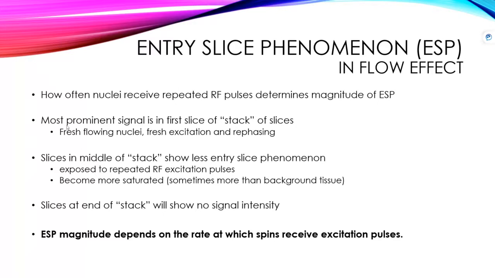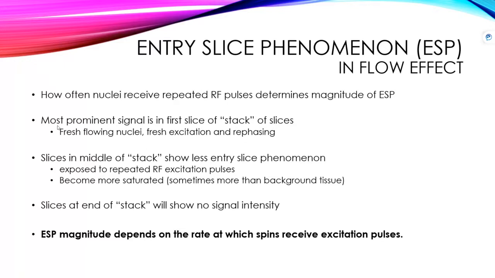So when you're first imaging a slice, if the spins are barely coming into that stack of slices, so the top vessel where the spin is on the left-hand side, that spin in the first slice has never been excited or rephased, has never had any type of excitation pulse. It's fresh. We are freshly exciting it and rephasing it. So therefore, it's going to produce a really high signal because it's fresh.